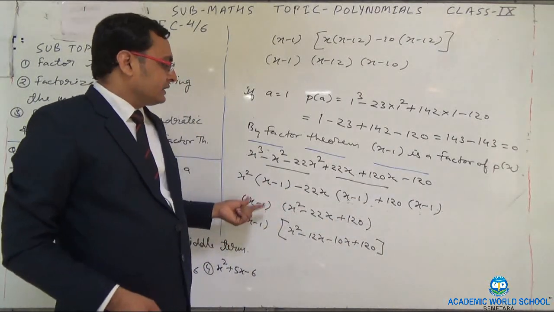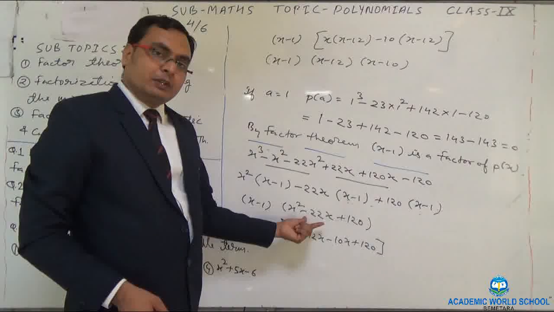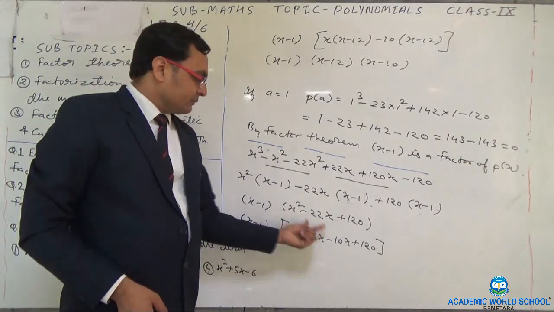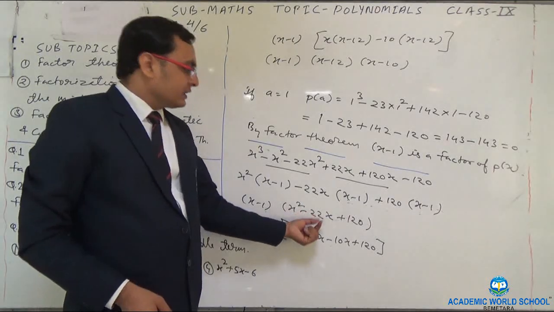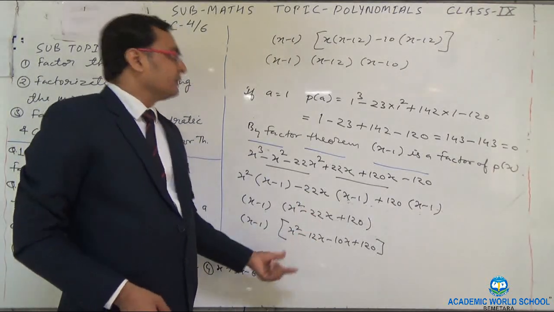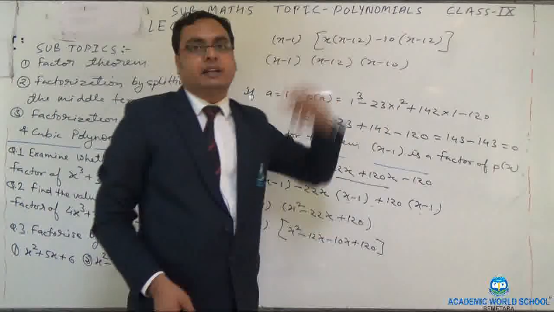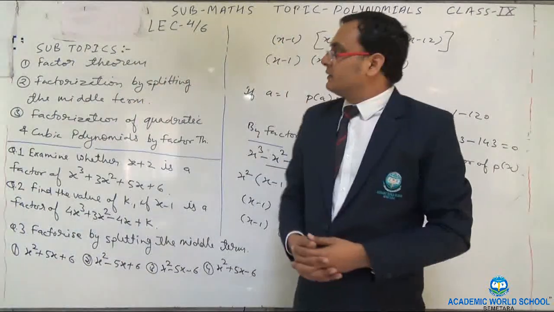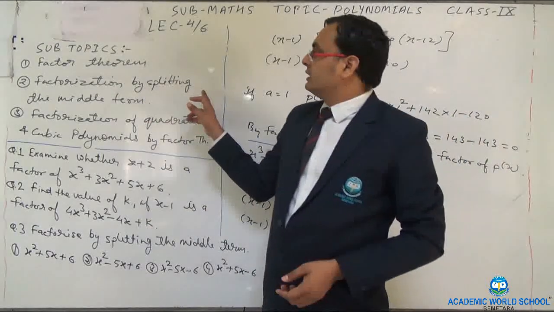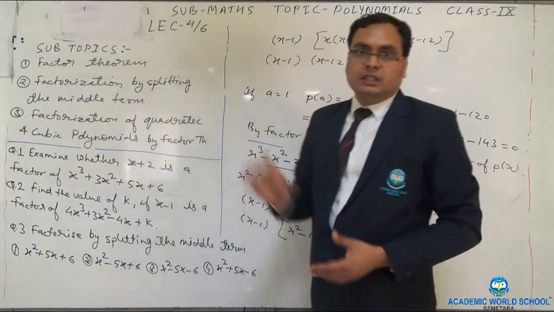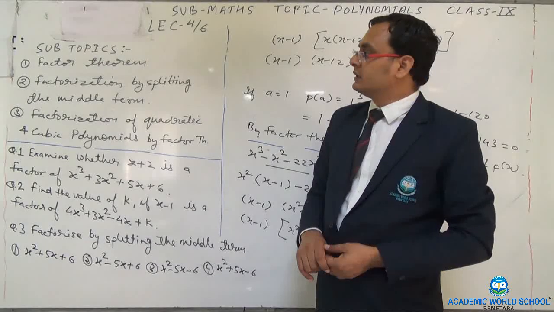Now x minus 1 is taken common, so this cubic polynomial is reduced into a quadratic polynomial, and we again factorize this quadratic polynomial by splitting the middle term to get our three factors. So today we have discussed what the factor theorem is and factorization by splitting the middle term. We have discussed examples.